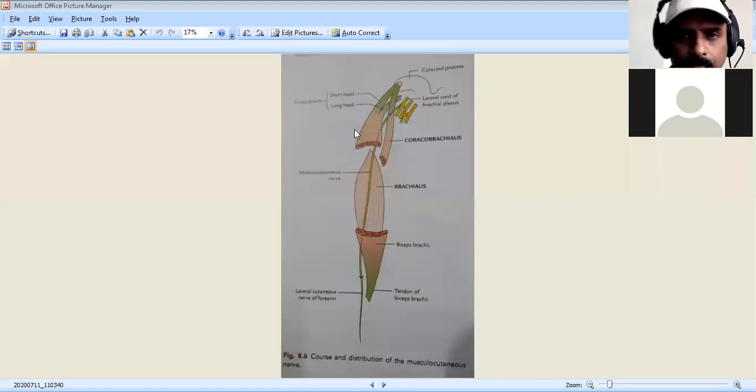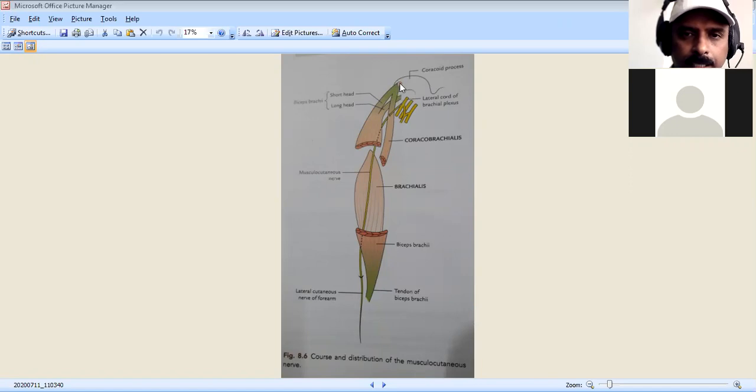One more question is asked about the biceps muscle. Very important: the origin is the tip of the coracoid process and the supraglenoid tubercle.